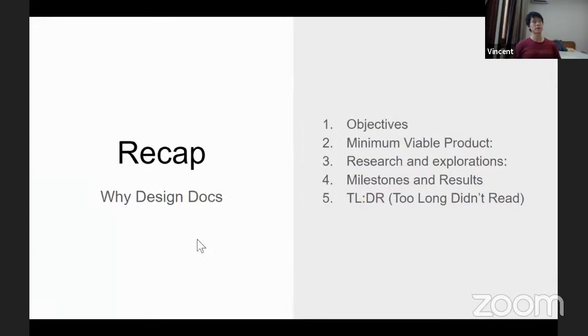So this is a recap, right? We learned about the structure: objective, minimum viable product, research explorations, milestone results, and TLDR, too long didn't read. Bear in mind that it will differ for different use cases. Obviously, use cases involving machine learning models will have a lot more criteria like classification criteria.